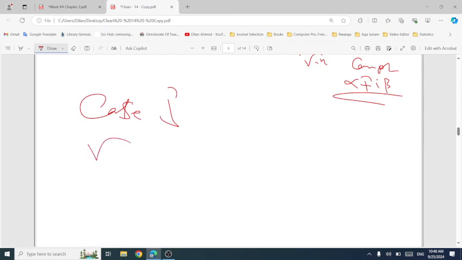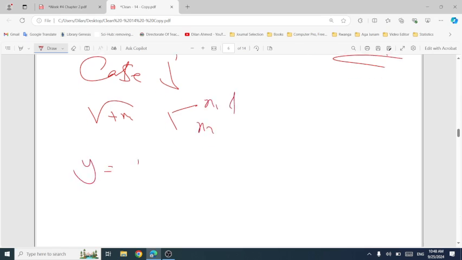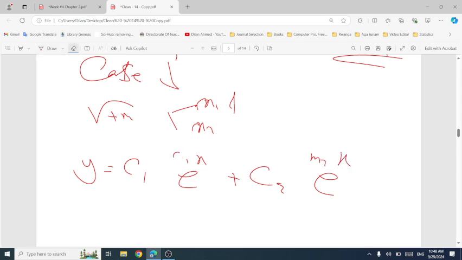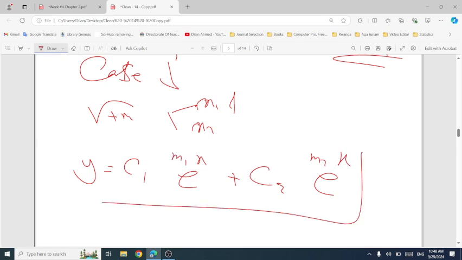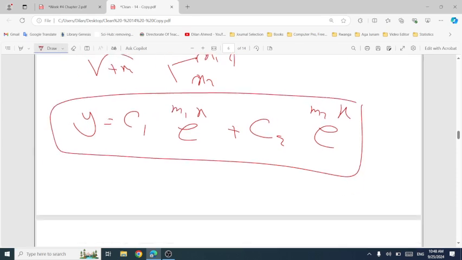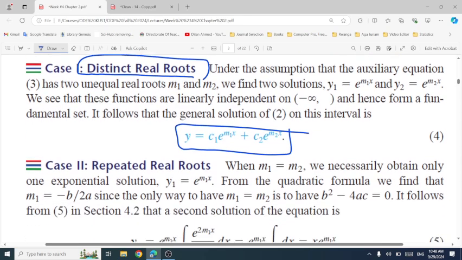If I have 2 distinct real roots, case 1, for example m1 and m2, my solution is equal to y = c1 e to the power m1 x plus c2 e to the power m2 x. What are m1 and m2? I'm going to show you what m1 and m2 mean. Is that clear? So this is for the first case. Show me by example. Sure.